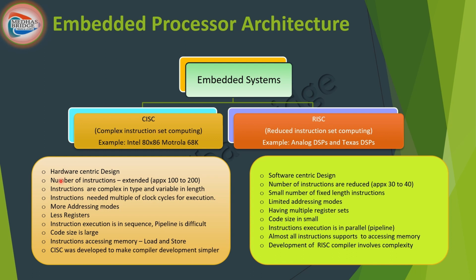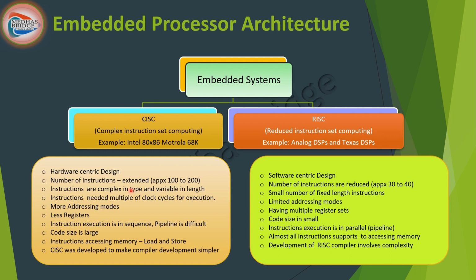The differentiators in CISC are a hardware centric design and a number of instructions extending to approximately 100 to 200. So basically, when you say complex instruction set, it means CISC has a hardware centric design.